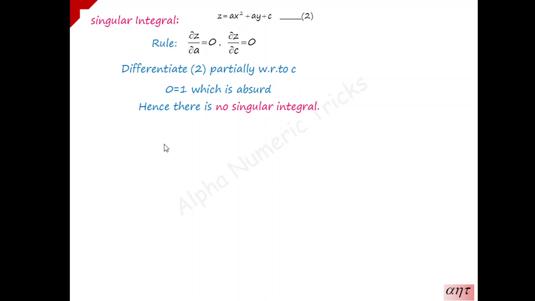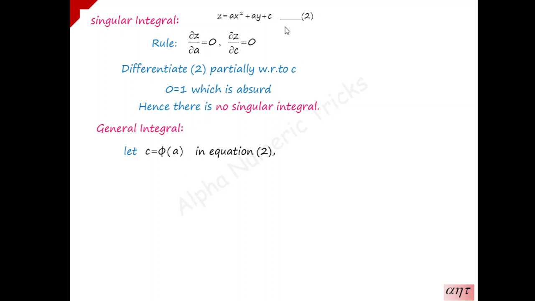Now we have to find the general integral. What is the working rule? Same line: the two arbitrary constants in the complete integral are reduced to a single arbitrary constant with the help of the substitution c is equal to phi of a.